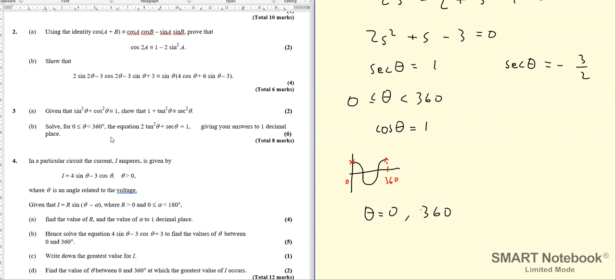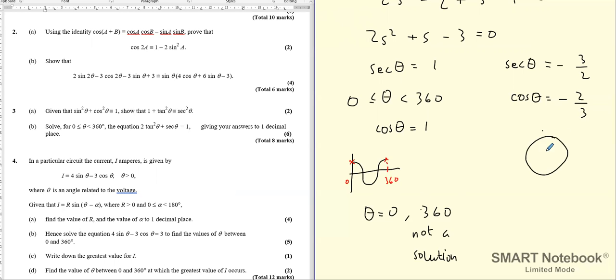But notice that 360 is not included in the range for theta. So this one's not a solution. Now looking at this on the right hand side, if sec theta equals minus 3 over 2, cos theta equals minus 2 over 3. We'll just do the reciprocal of the right hand side.